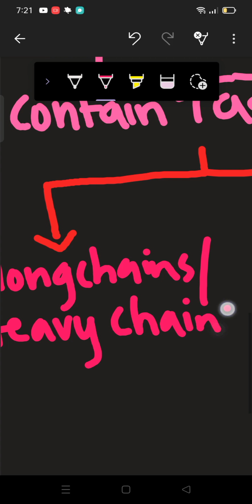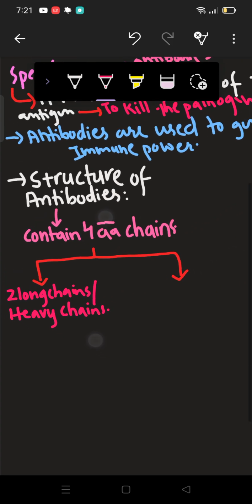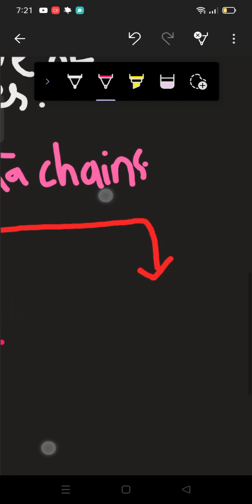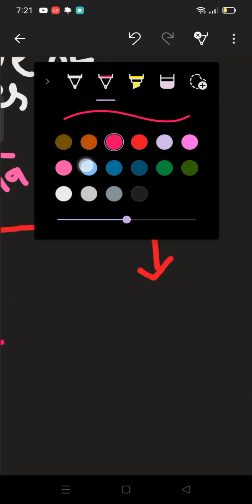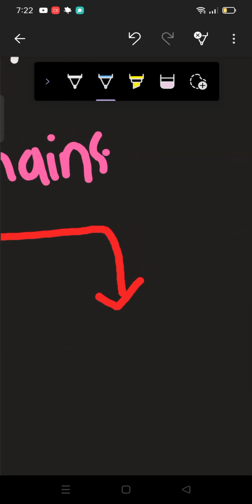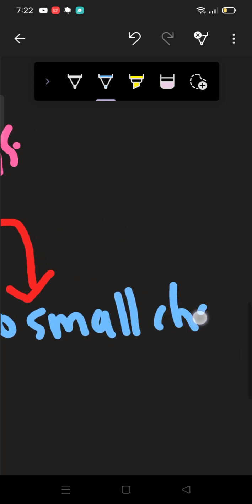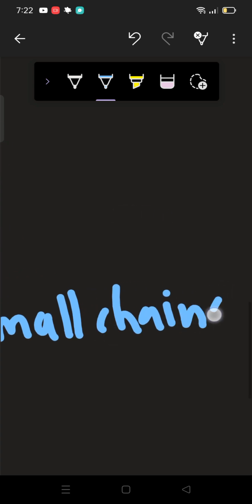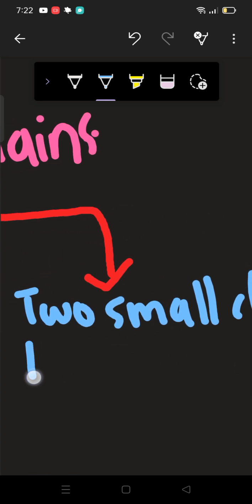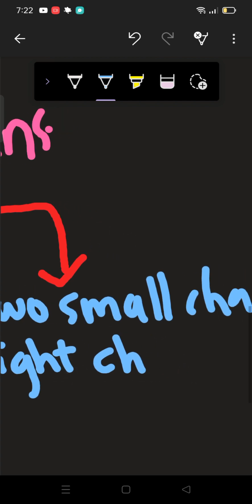And we have 2 small chains, which are also known as light chains.